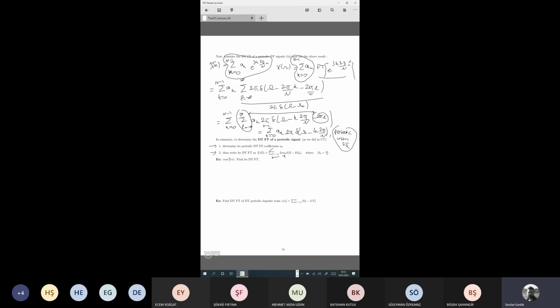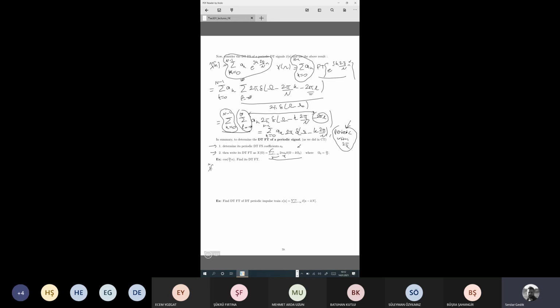So you can use either way. Either use this double sum form, or use this simple k from 0 to N minus 1 and specify that it's periodic with 2 pi, or you can use this form, whatever you wish, because since the a_k's are periodic, this is also periodic.